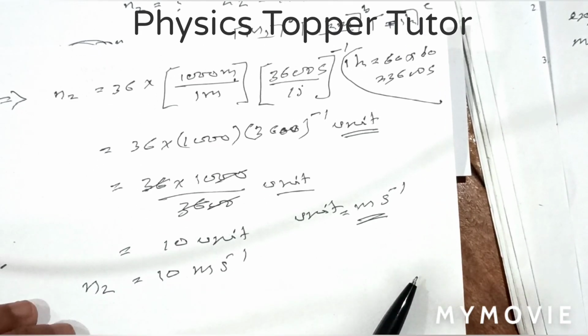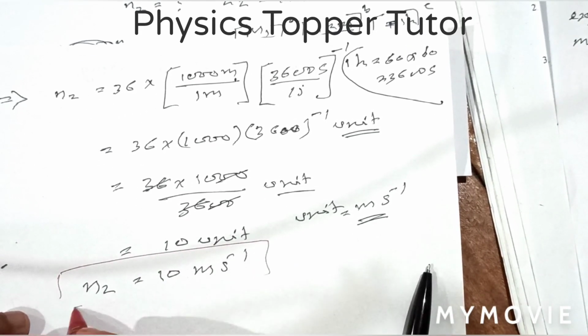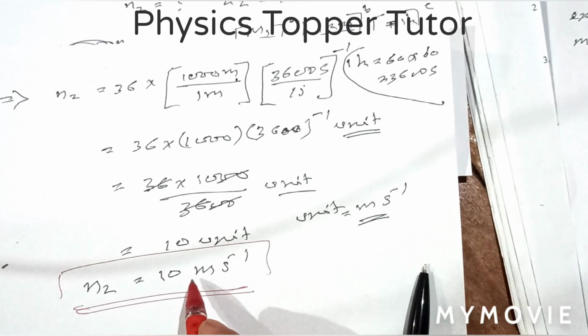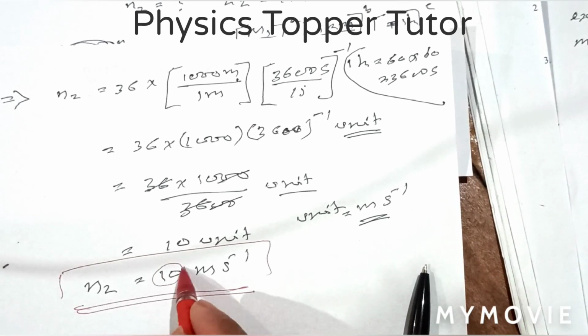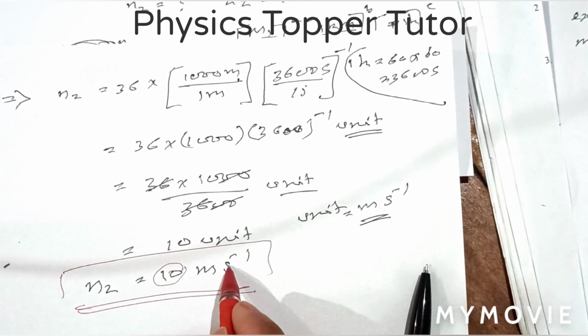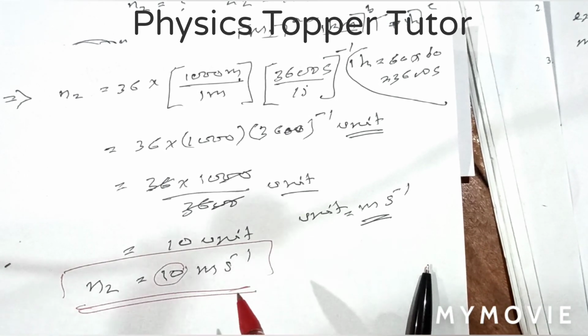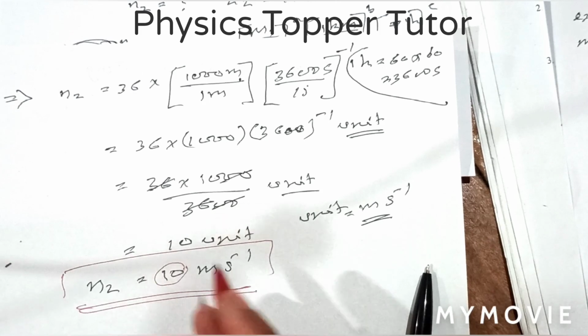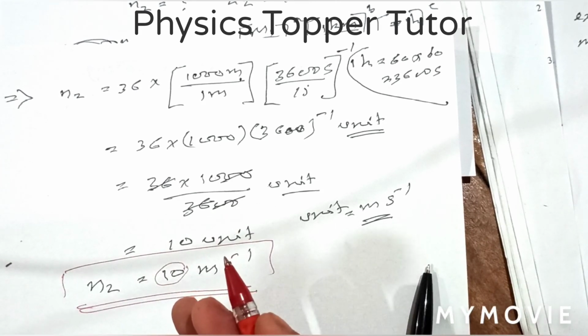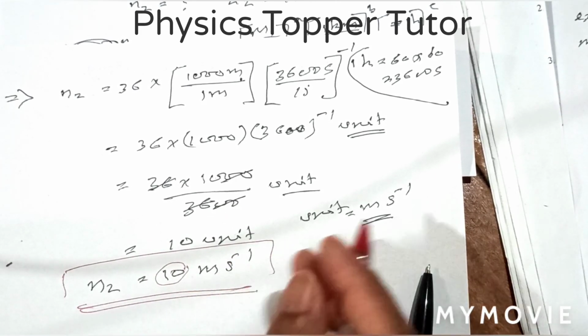So now we get the unknown value is 10 meter per second. So this is how we convert one system of unit to another system with the help of dimensional analysis.